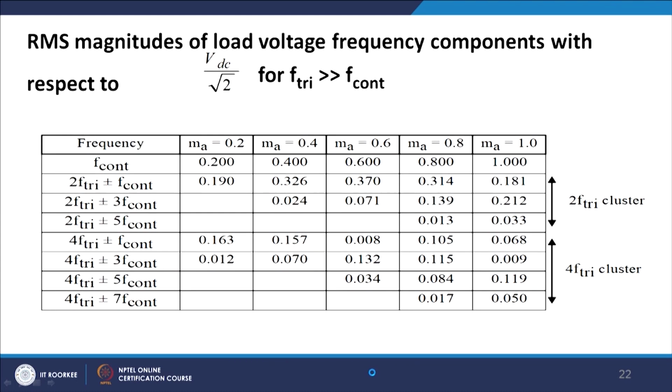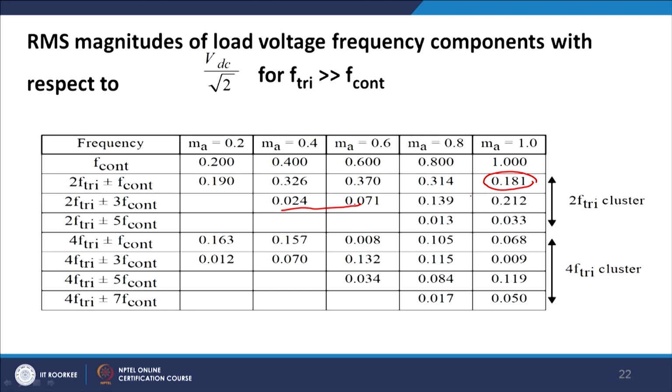Now, this table shows the relative strength of the different kinds of harmonics. You can see that the fundamental increases linearly, but the higher order harmonics change, first linearly, and thereafter at one point they reduce. The same pattern is followed here, where it increases and thereafter strictly increases.